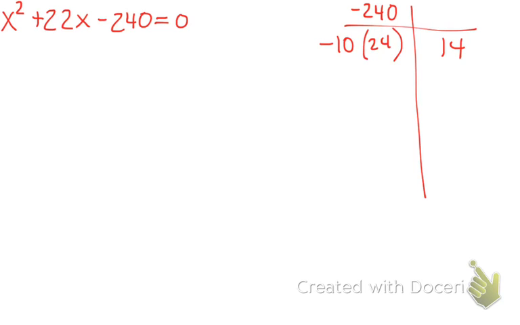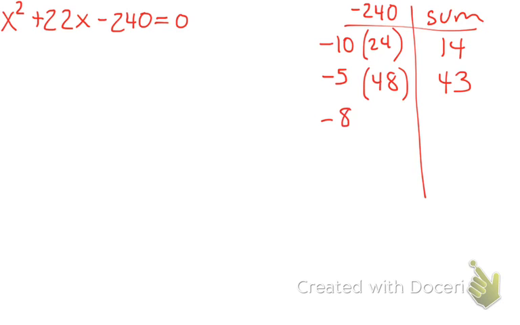So we need them farther apart than just the 10 and 24. Next pair I thought of was negative 5 times 48 would be negative 240. But when you add those, it's 43. So they need to be closer together.